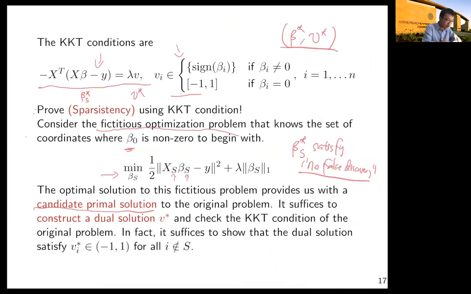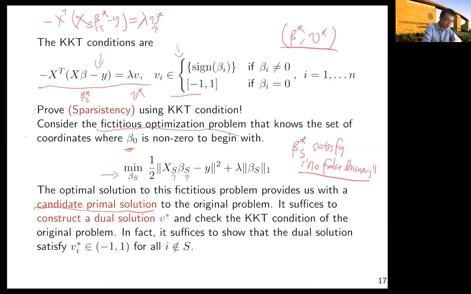We'll do a little bit of it. Let's try plugging this padded beta S star into the first equation. Without loss of generality, we can write it as X_S beta_S star minus y, times X transpose. And we know that if this is the optimal solution, then it satisfies the KKT condition, and based on this we already get a candidate solution without constructing the dual for the fictitious problem.